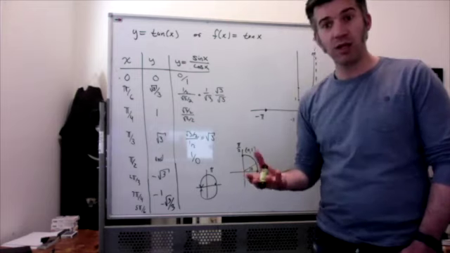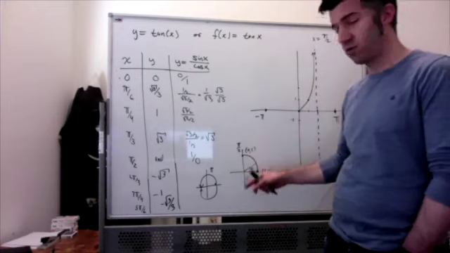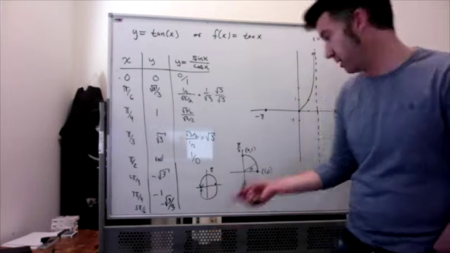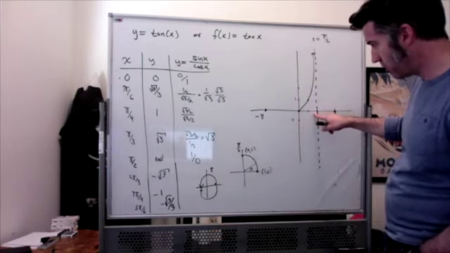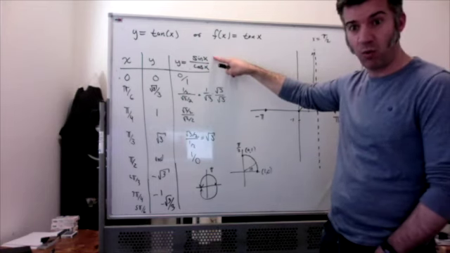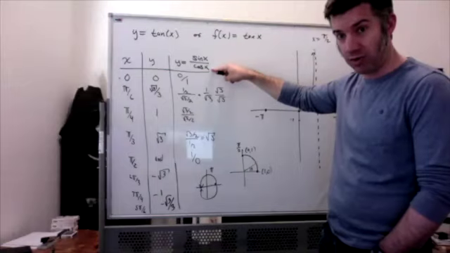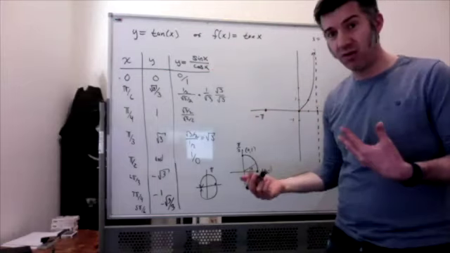When you get really close to pi over 2, but still less than pi over 2, sine over cosine, well, the top is getting closer and closer to 1, and the denominator is getting closer and closer to 0. So you can get really close to 1 over 0.